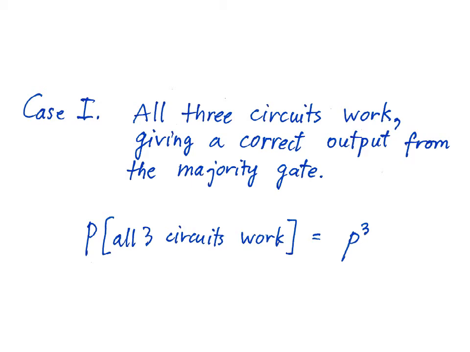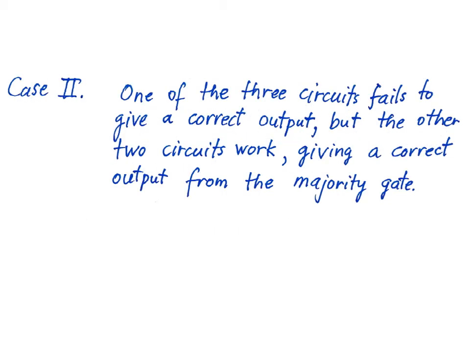The probability that all 3 work is P times P times P, or P cubed. A second case is when one of the 3 fails, but the other 2 work properly, so the majority gate will still produce the correct output signal.